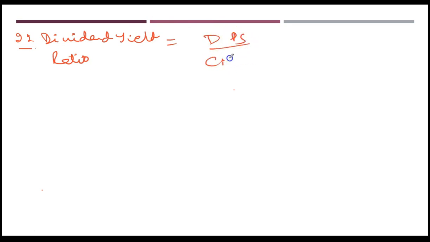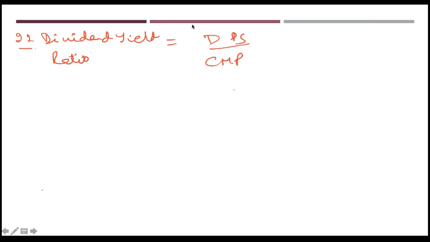Okay, next is dividend yield ratio. Dividend yield ratio was your dividend per share divided by the current market price.